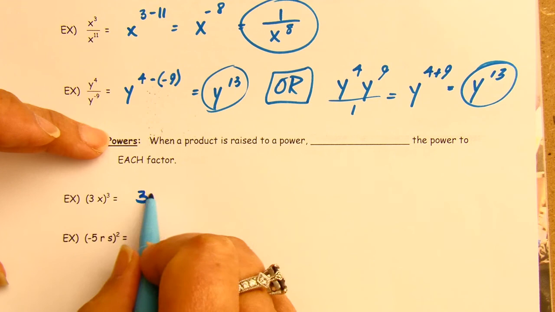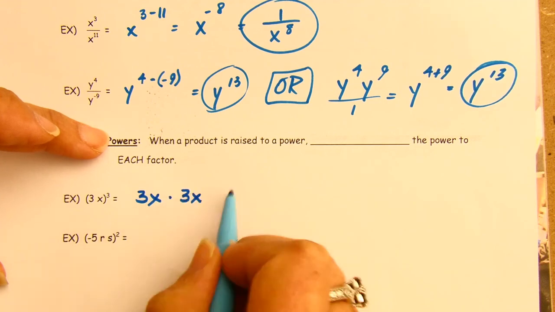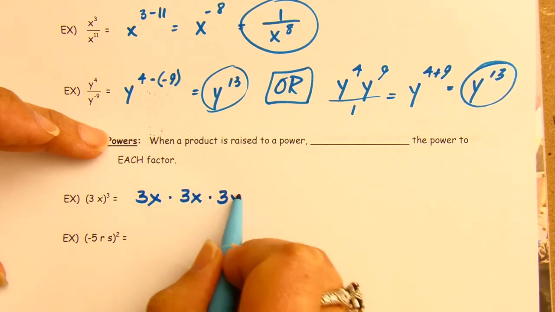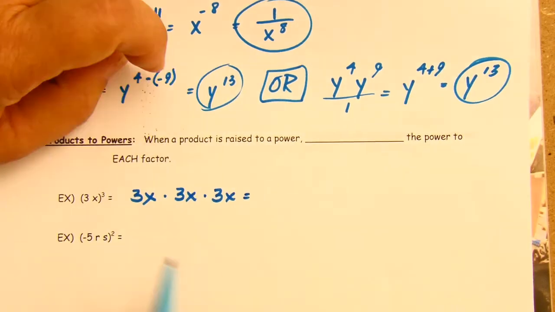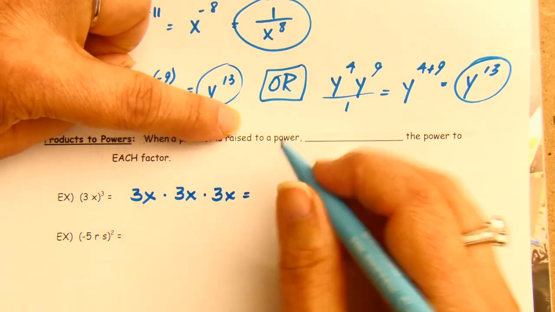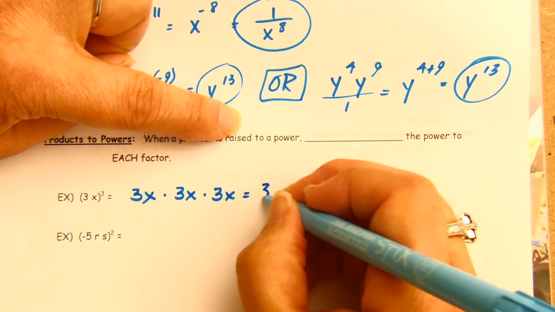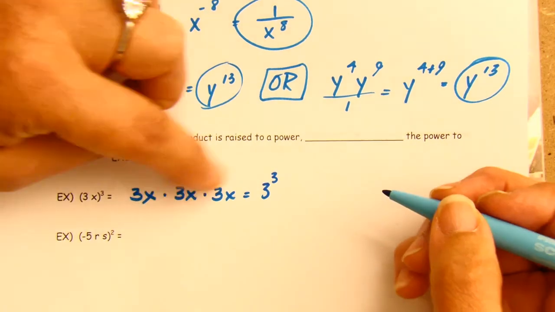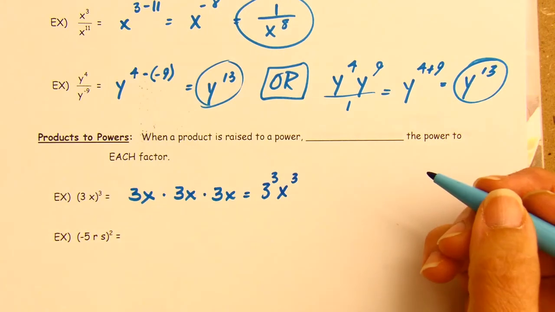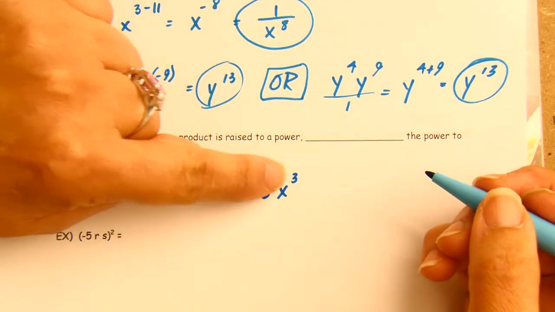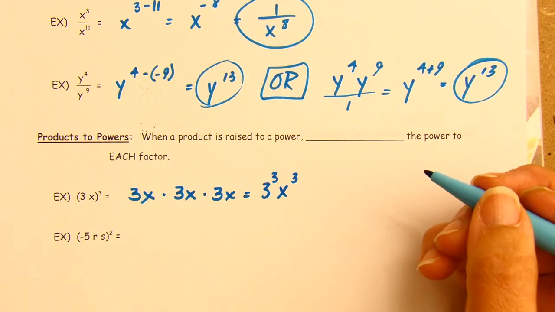This is really 3x times 3x times 3x, 3 times. And if I rearrange, 3 times 3 times 3 is 3 cubed, and x times x times x would be x cubed. And 3 cubed, of course, we would have to simplify. The x cubed, we couldn't because we don't know what x is.